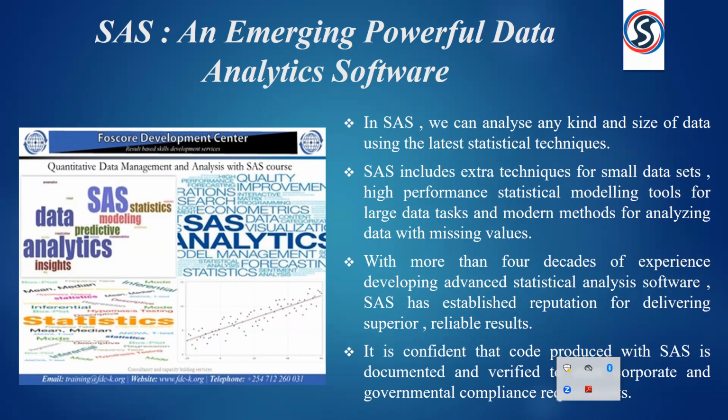It is developing advanced statistical analysis software that has established a reputation for delivering superior, reliable results. The code produced with SAS is documented and verified so that both the public and the private compliance industries can access it.